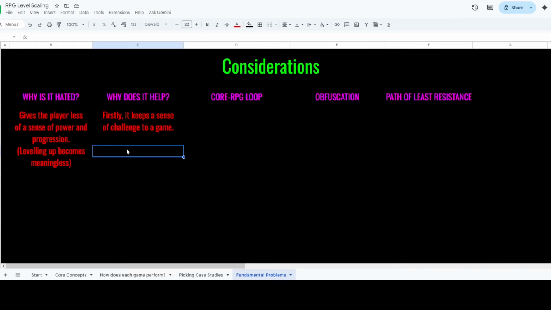I think the other thing is, if we think about the Baldur's Gate 2 example particularly, it provides a system for tailoring encounters to make them interesting.